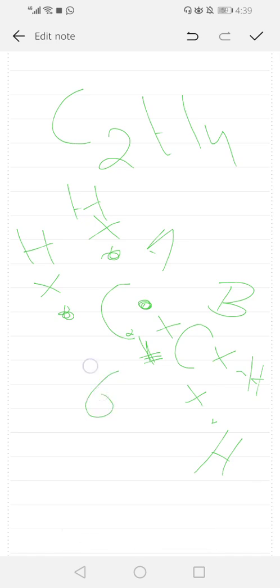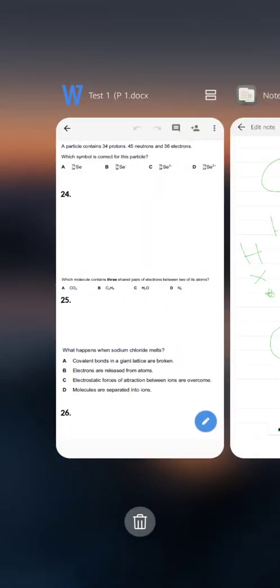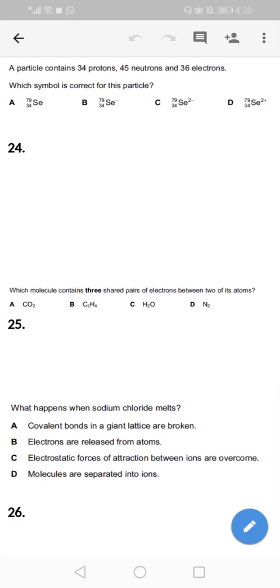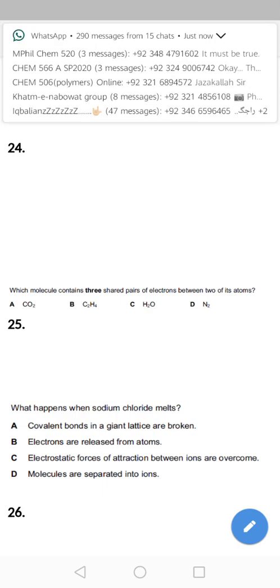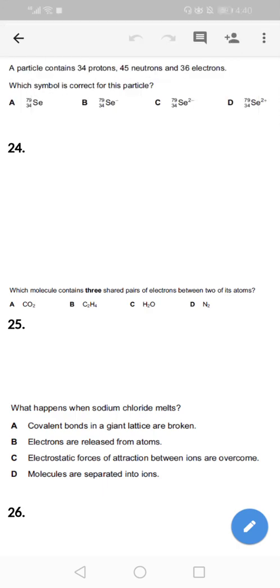There are 6 shared paired electrons, so it is not the right answer. So A and B cannot take place. In the case of C, it's very simple. Two hydrogens are associated with oxygen, so it has 2 shared paired electrons, so C is not the right answer, so D is the right answer.